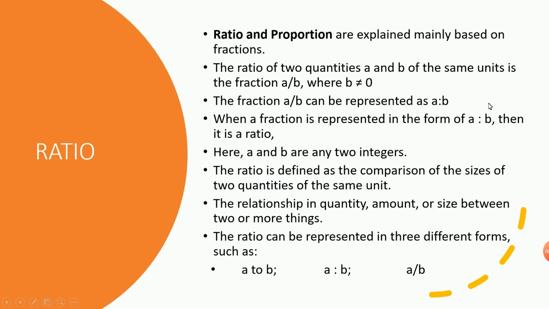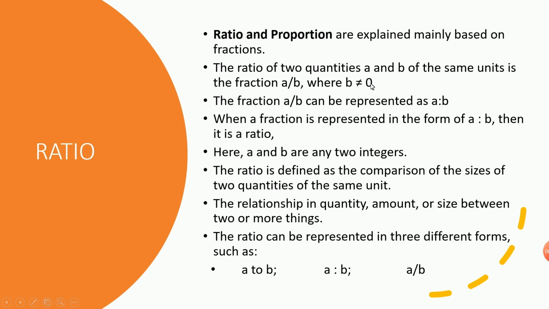So first, what is ratio? Ratio can be said as the ratio of two quantities, let's name them A and B, of the same units in fraction format. So A by B is the ratio. Please note that A could be 0 but B cannot be 0.